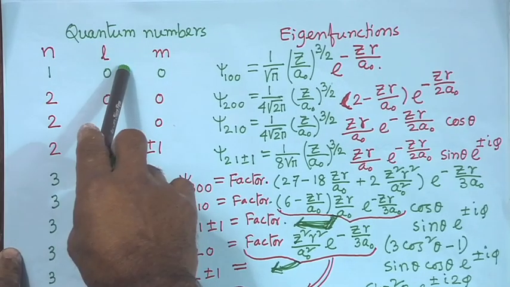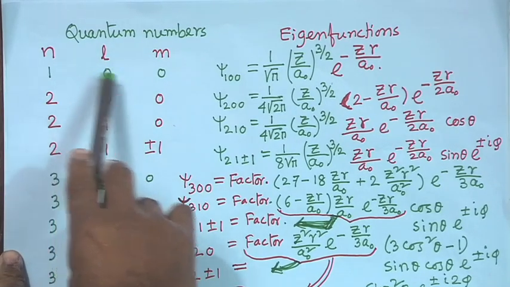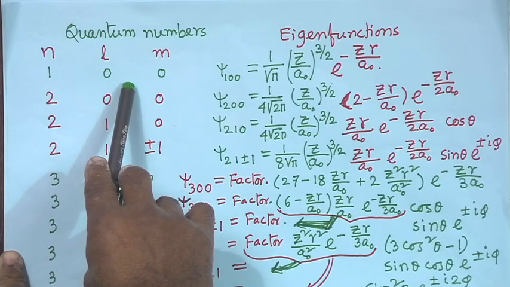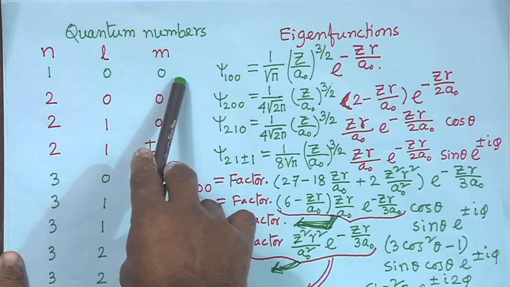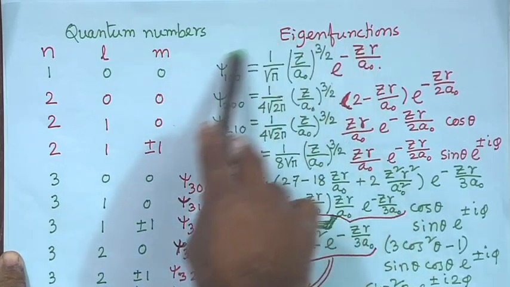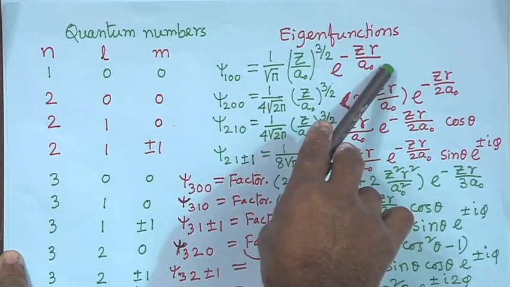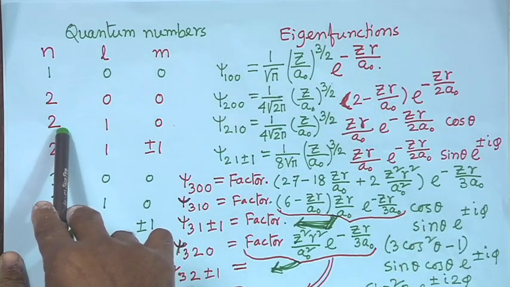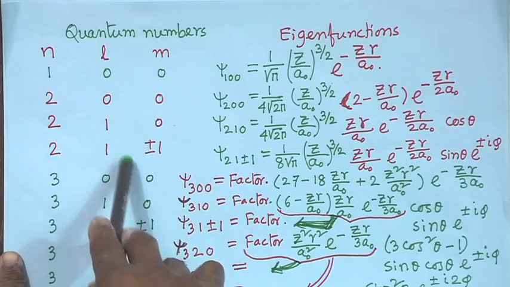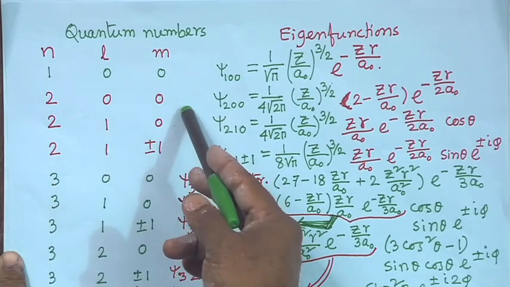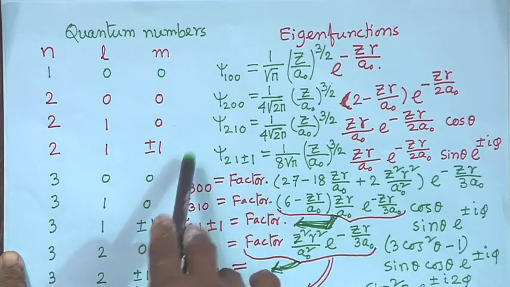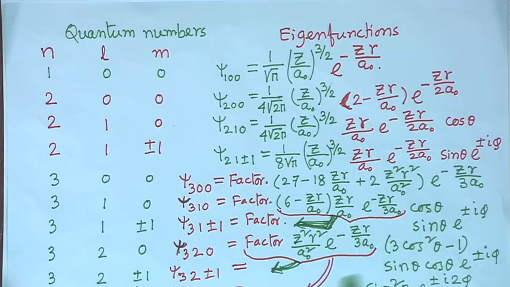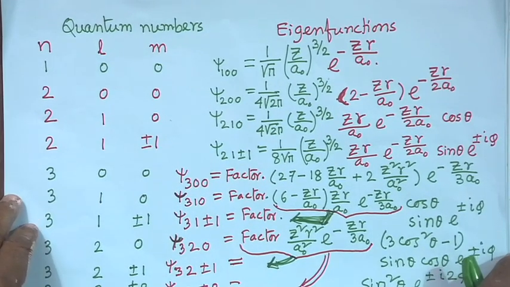So, corresponding l, that is if n equal to 1, l equal to 0, m equal to obviously 0. So, this is the form of the wave function. Okay. So, for n equal to 2, l equal to 0 and 1, and corresponding m equal to 0, plus or minus 1, and this is the wave function that I have described.